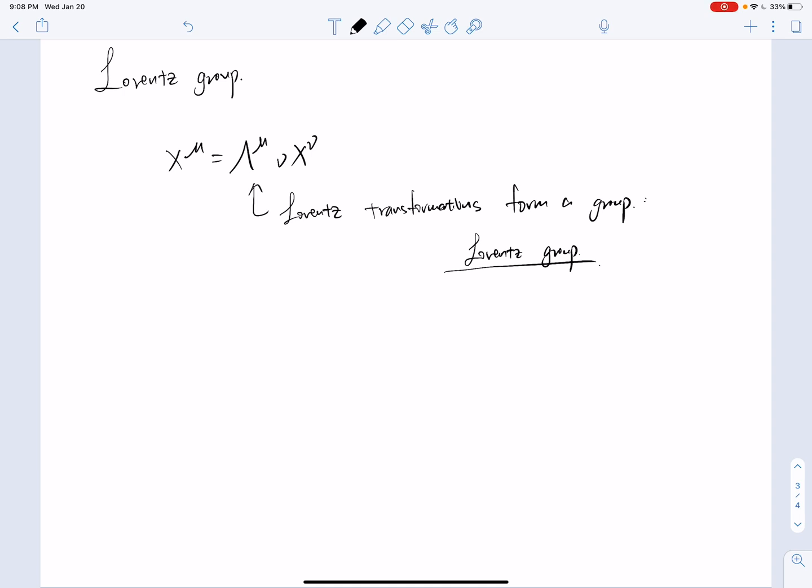As we've seen before, these Lorentz transformations satisfy two properties. The first is that the determinant of this Lorentz transformation is 1, and then we also have this identity.